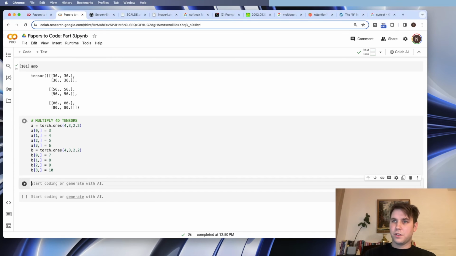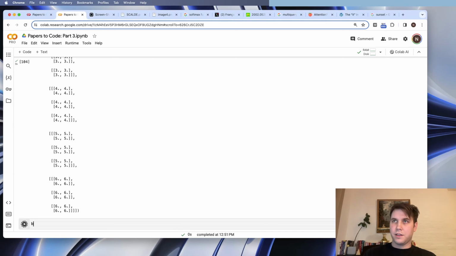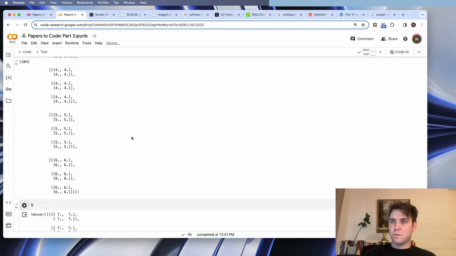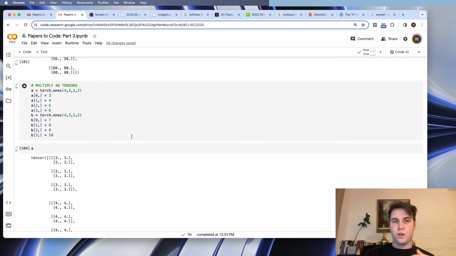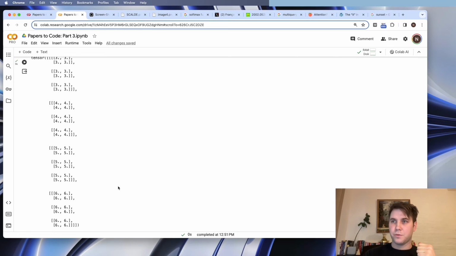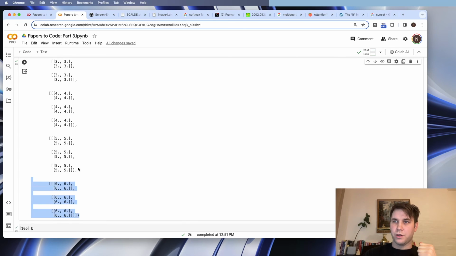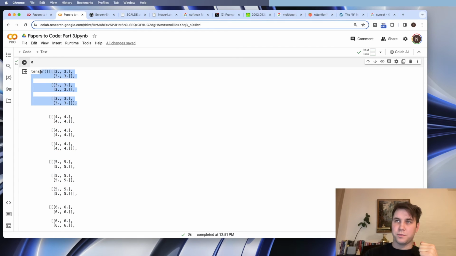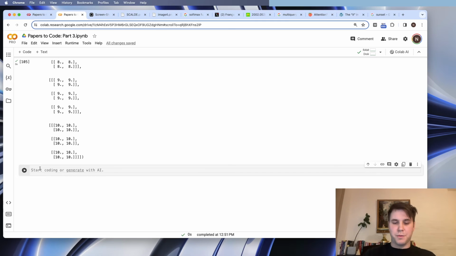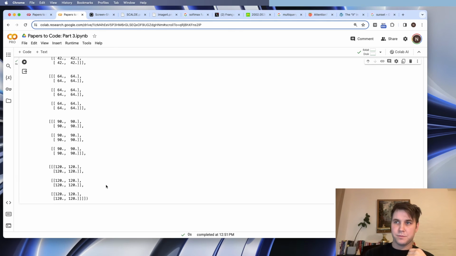So let's take a look at A and B. And here we have four groups of three groups of 2x2s. 1, 2, 3, 4 groups of three groups of 2x2s. And if you do the matrix multiplication, you'll see the exact same thing is happening.